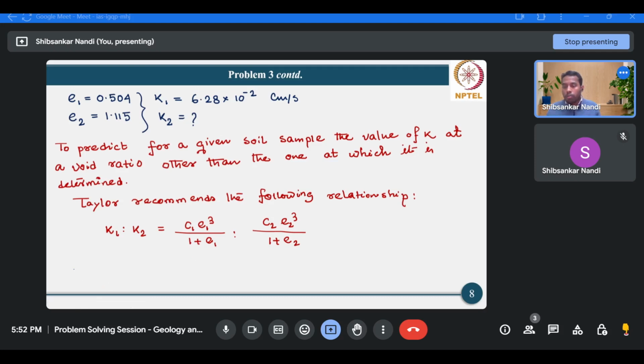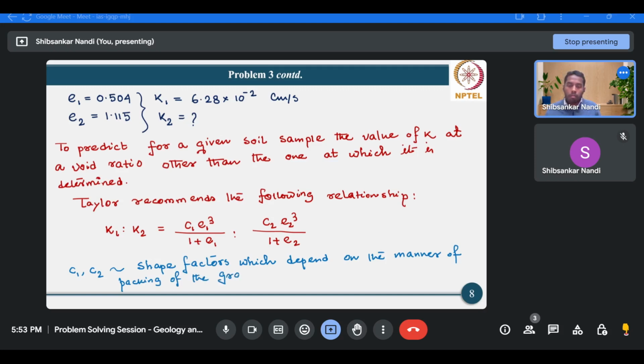C1 and C2 are the shape factors which depend on the manner of packing of the grains and the shape characteristics of the pores.